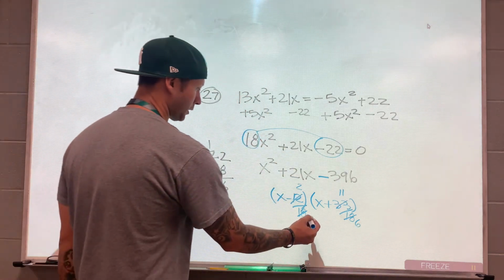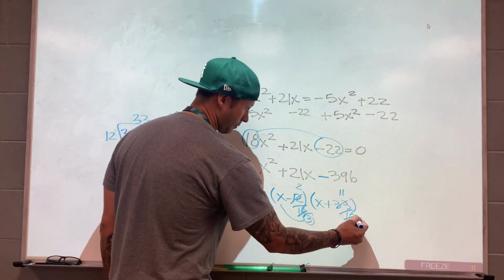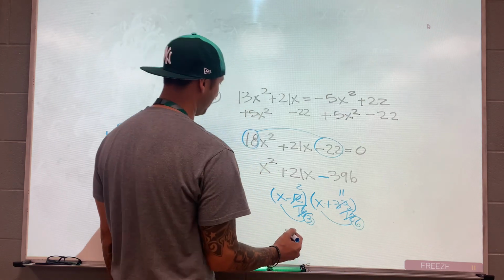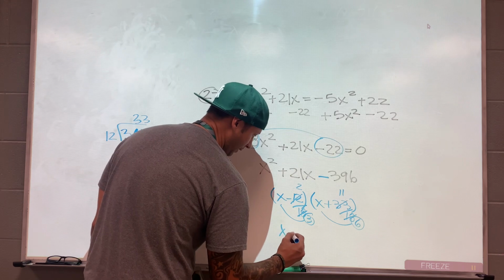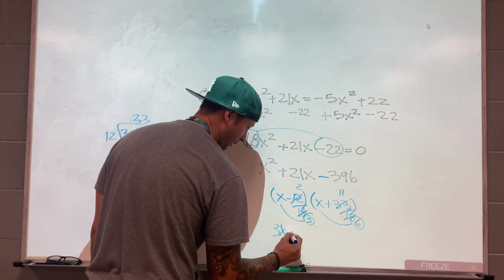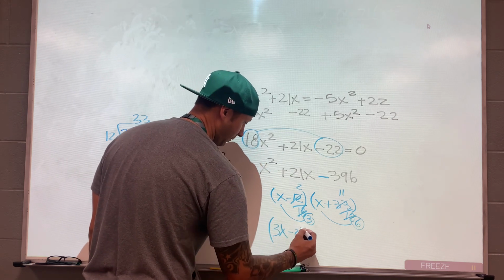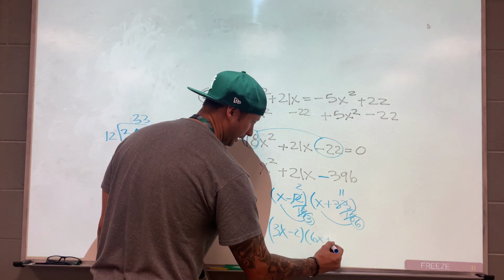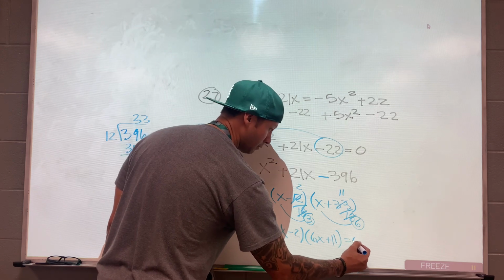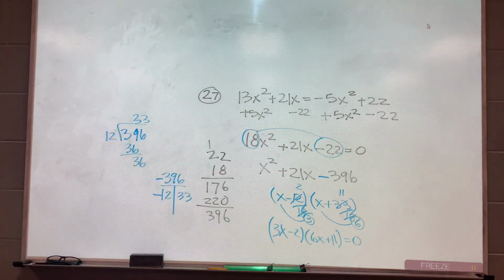All right, both these numbers are going to go up. Am I missing anything? No. All right, so x, 3x minus 2, 6x plus 11 equals 0. Can't forget about that.